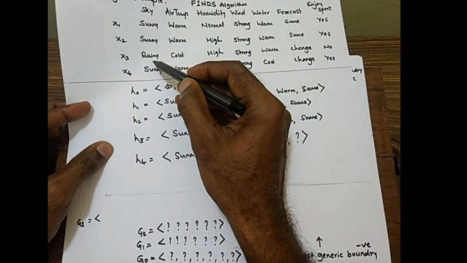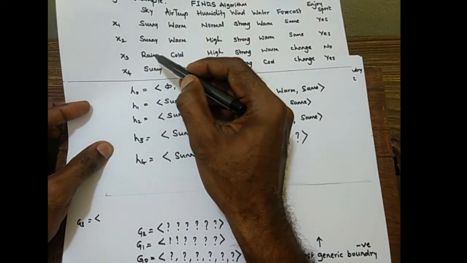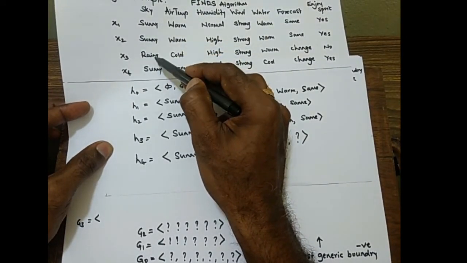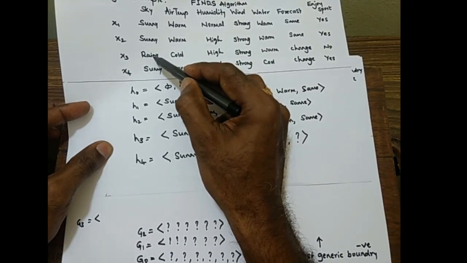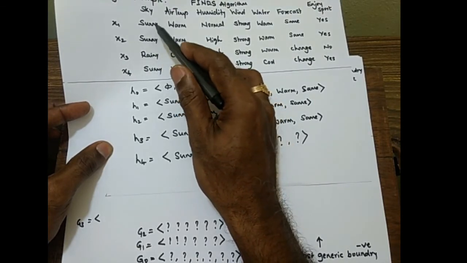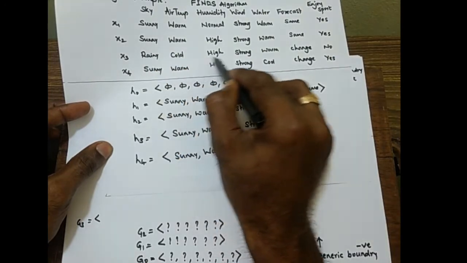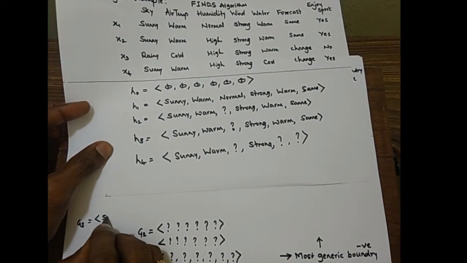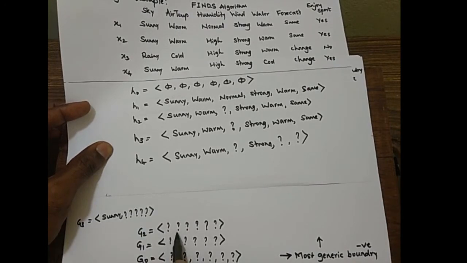Is the opposite of Rainy available in our training samples? Yes, Sunny is available. So Rainy can be replaced with Sunny to show this training example as negative. We have Sunny and all question marks.